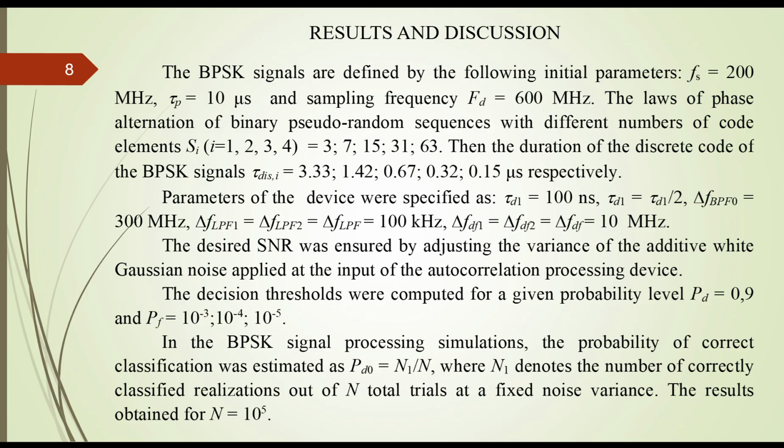To evaluate the influence of signal code sequences on the classification performance of binary phase shift keying signals, a simulation study was conducted using the autocorrelation receiver model. The simulations were designed to investigate how the probability of correct classification depends on the structure of the transmitted code sequence under various operating conditions.